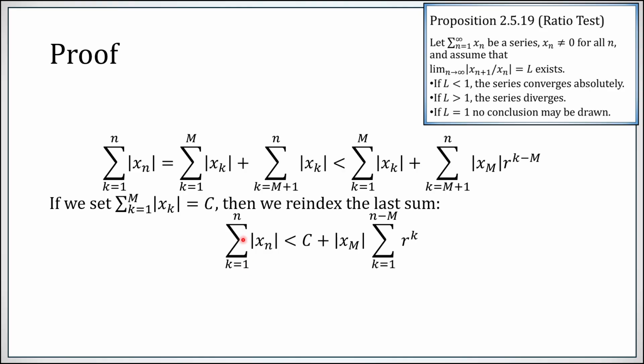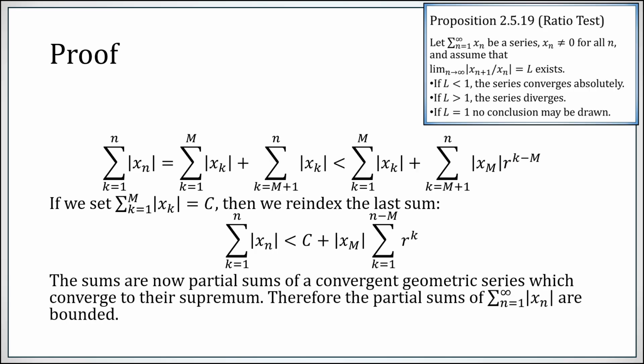The sum from 1 to n of |x_n| is less than this constant plus, factoring this constant term out, you'll end up with just r to the k, as k goes from 1 to a new finishing index of n minus M. We simply subtracted capital M from all of our indices here. Now these sums on the right here are partial sums of a converging geometric series.